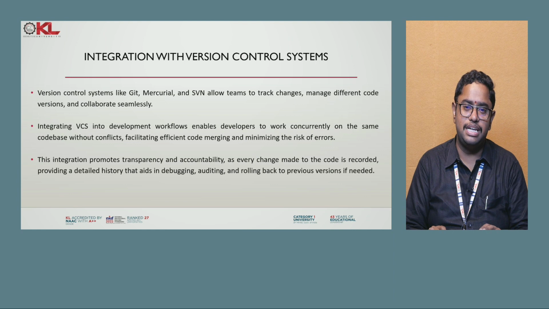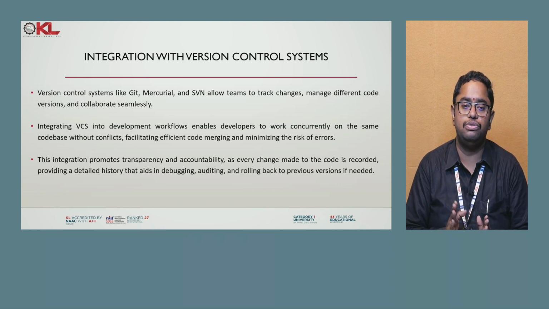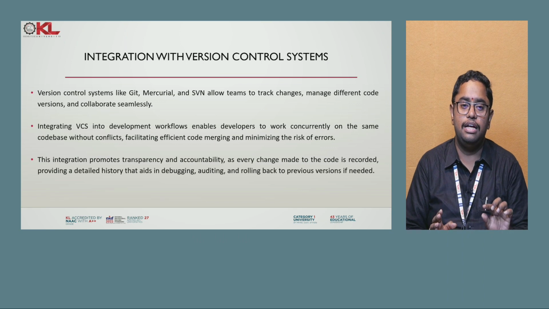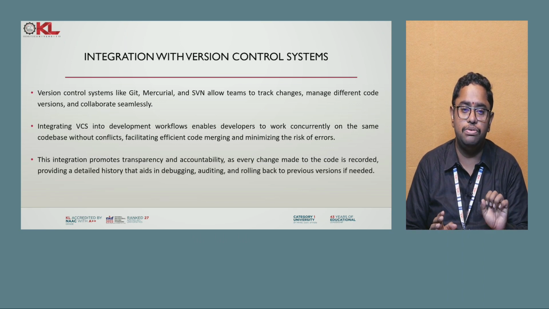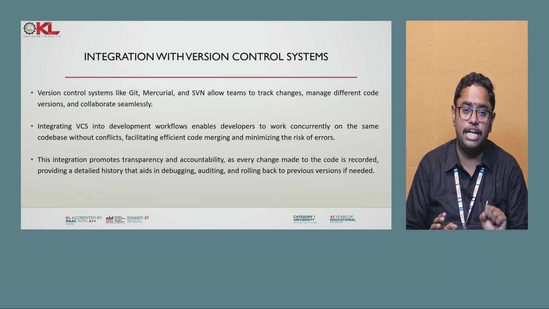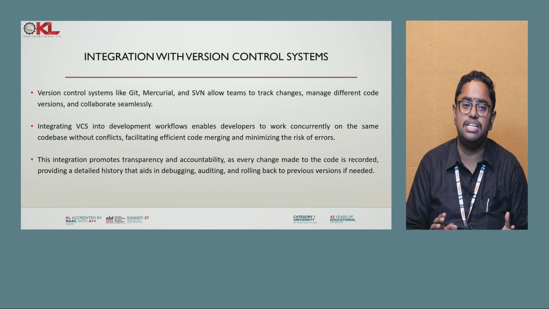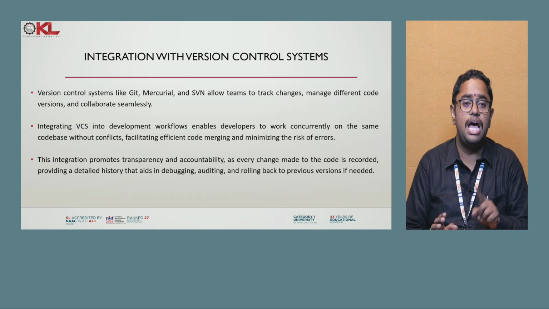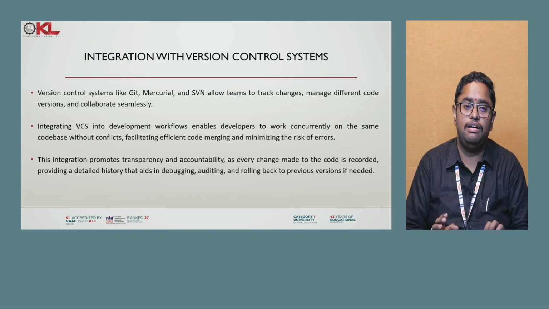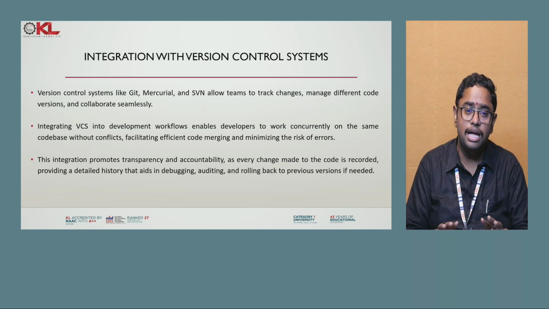A version control system is nothing but something that acts as a server which is accessible to the entire team, and every individual developer can have his own workspace, and whatever changes are done in that particular space are going to be integrated and updated in that particular server which is accessed by the team members. So that is what a version control system is.